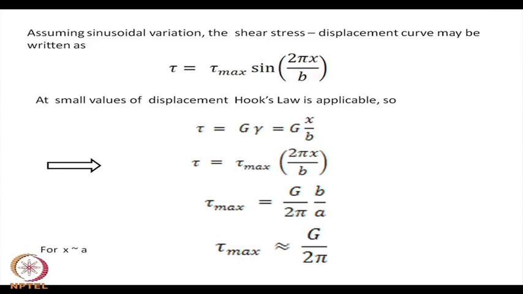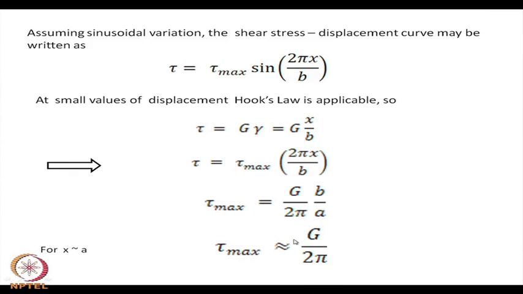If we apply that to this equation, then tau becomes tau max times 2 pi x by b, once again an approximation. From that one can find tau max equal to G by 2 pi times b by a, and if x is almost equal to a, then tau max becomes G by 2 pi.